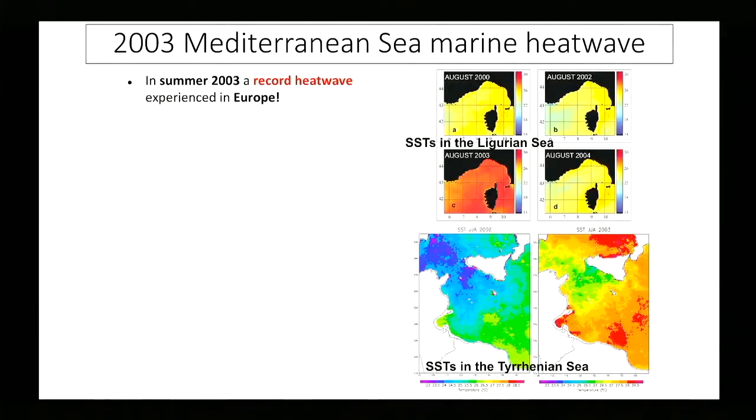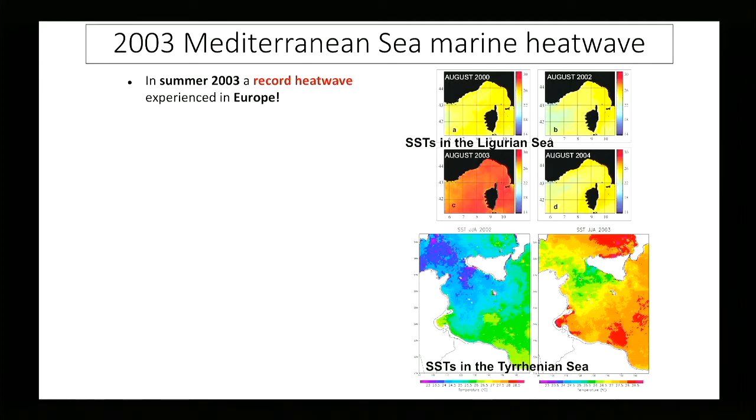So just running through those, in 2003 a record heat wave was experienced in Europe, and many of you will remember that. It had devastating consequences for people in terms of an atmospheric heat wave, and people lost their lives.